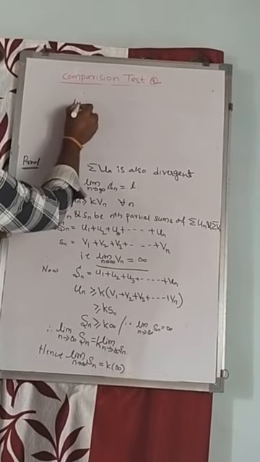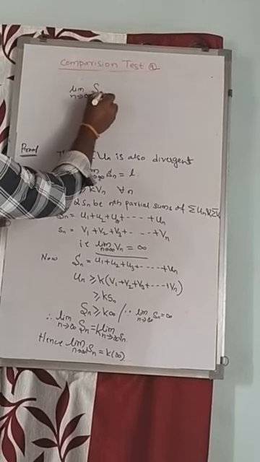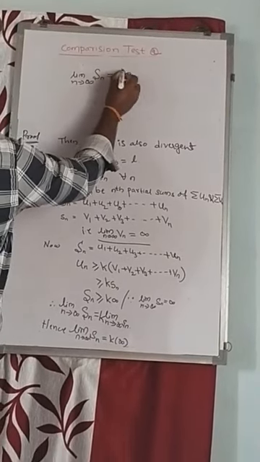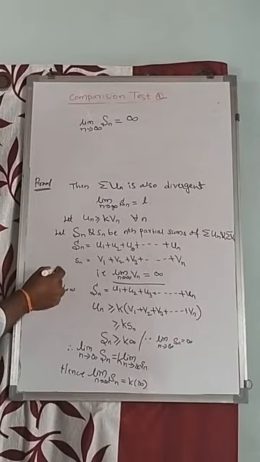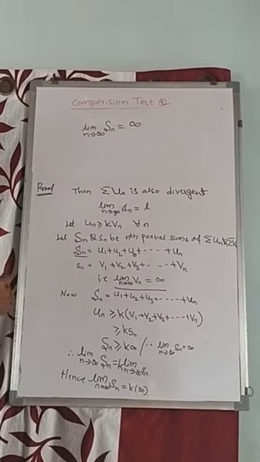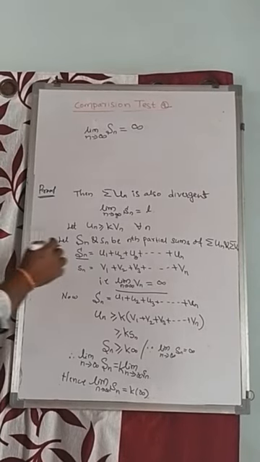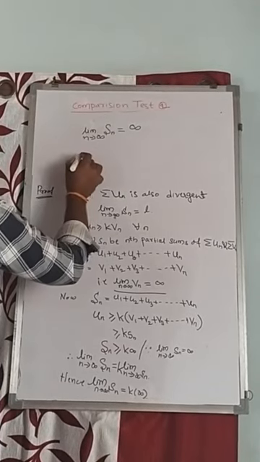Limit n tends to infinity Sn is equal to infinite. Means the sequence of nth partial sums, capital Sn, of summation of un is divergent. Means the sequence is divergent.